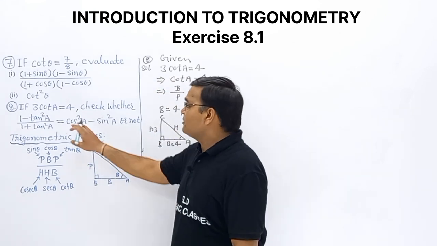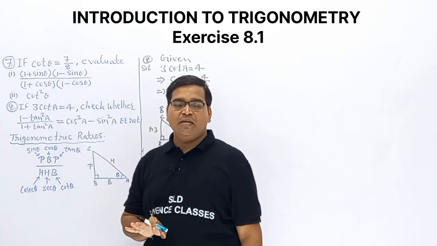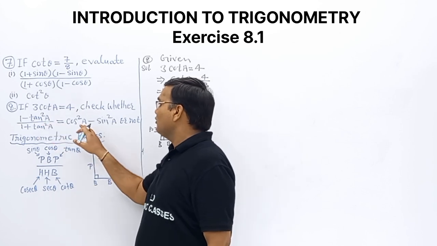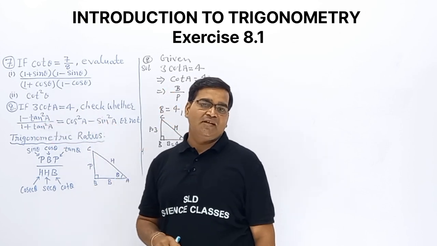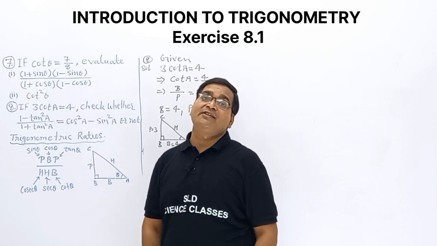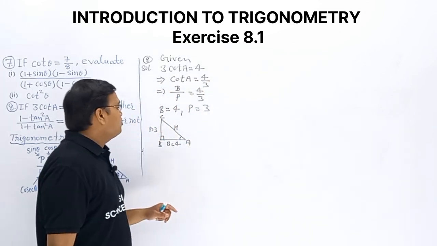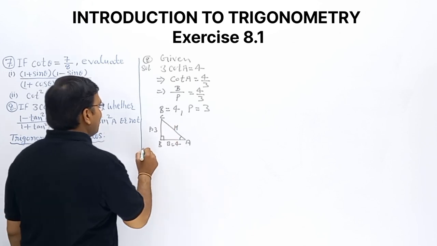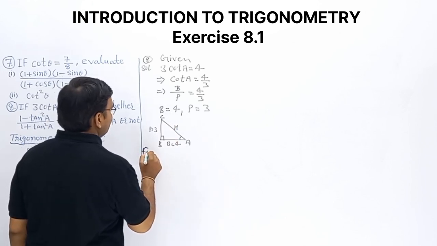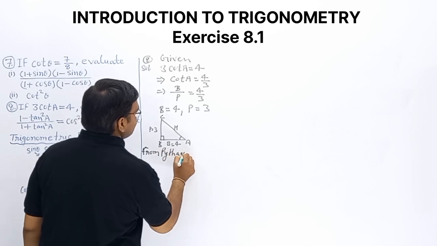How will we find this, and why are we finding the hypotenuse? Because we want to show this one, in which we have tangent A, cot A, cos A and sin A. Then we can prove. So we require all sides of the right triangle. We have 2 sides, so how will we find the third one? From the Pythagoras theorem.